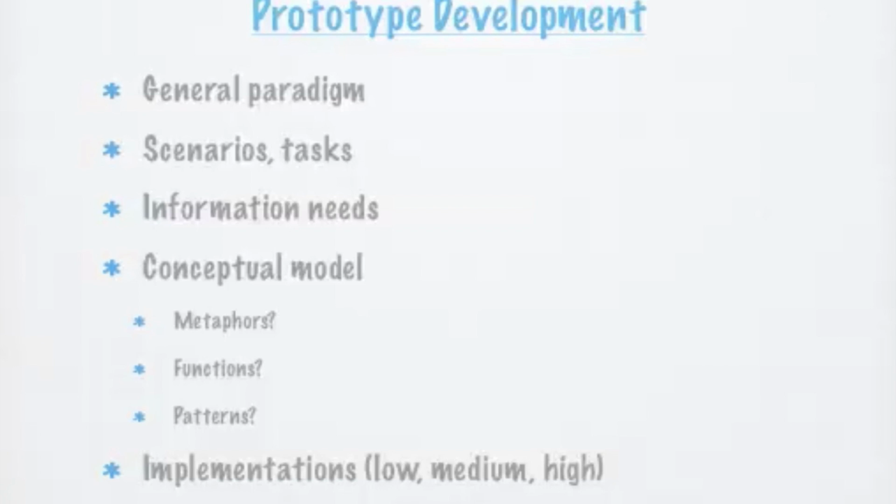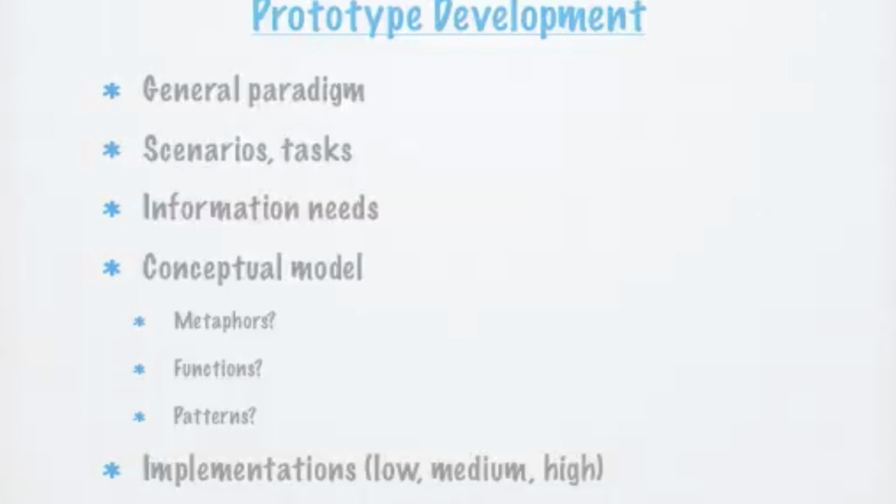Just coming up with a basic paradigm, which is the model, and then evaluating scenarios and tasks associated and correlating them in. And then information needs, that's just determining the specifications, like the size of it, how it's going to work, and that sort of thing.